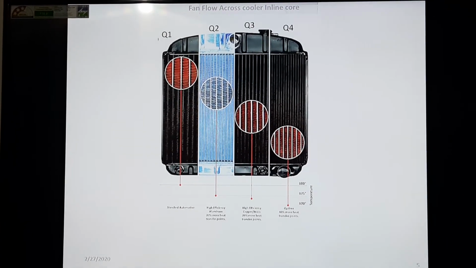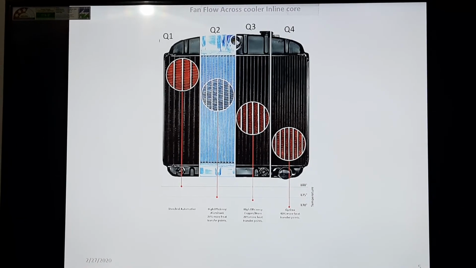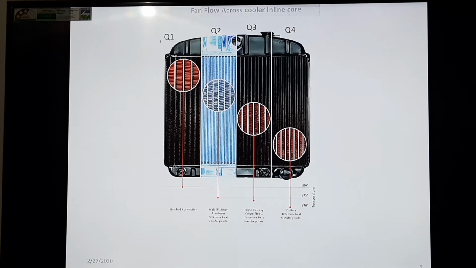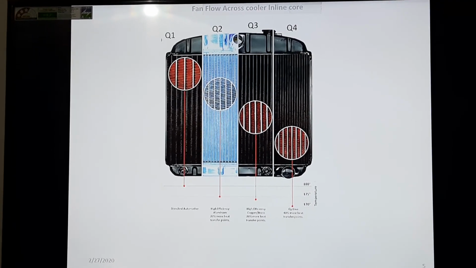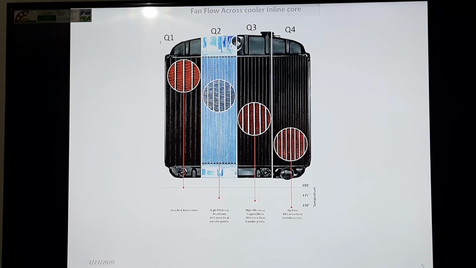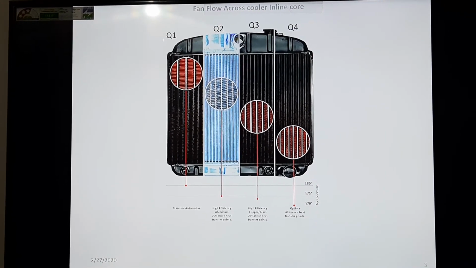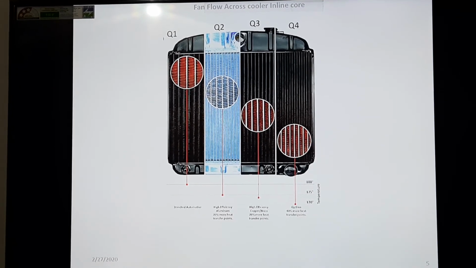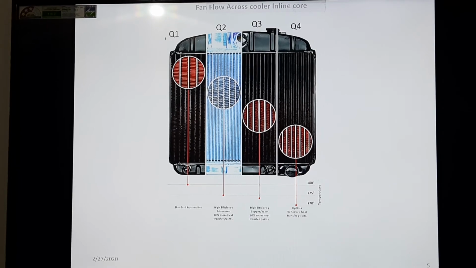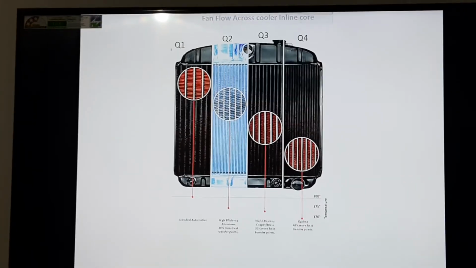It is not directly proportional to the area or width of the cooler, but directly proportional to the restriction. Where the restriction is less, more airflow passes through that particular cooler. So Q1 plus Q2 plus Q3 plus Q4 is the total airflow which the fan is sucking from the atmosphere, and each of Q1, Q2, Q3, Q4 depends on the restriction across the cooler.